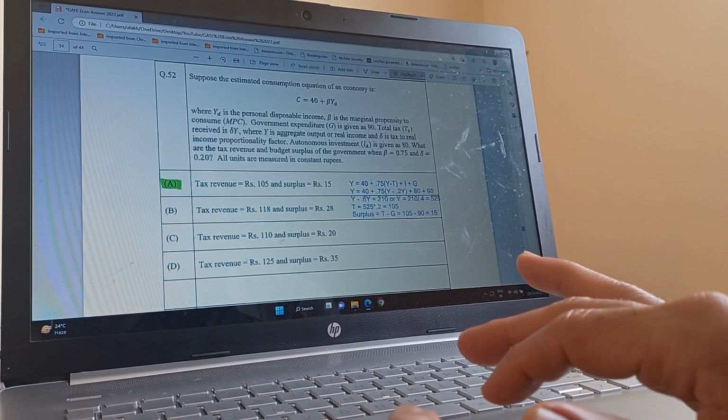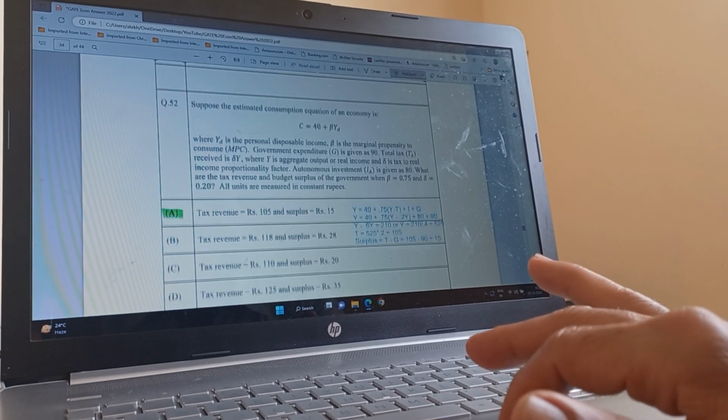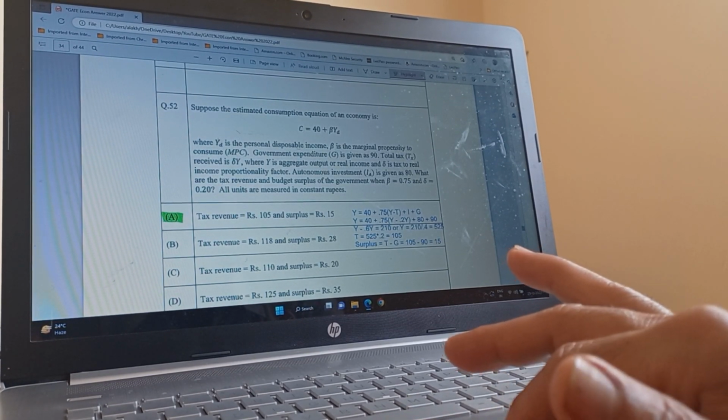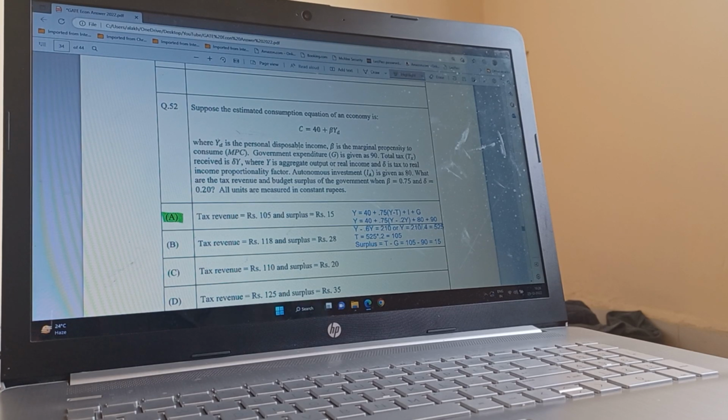Now I go to question number 52, and it says, suppose the estimated consumption equation of an economy is C equal to 40 plus beta YD, where YD is personal disposable income. You know, disposable income is your total income minus your personal taxes. So personal income minus personal taxes gives the disposable income. So beta is the marginal propensity to consume, and government expenditure G is given as 90.